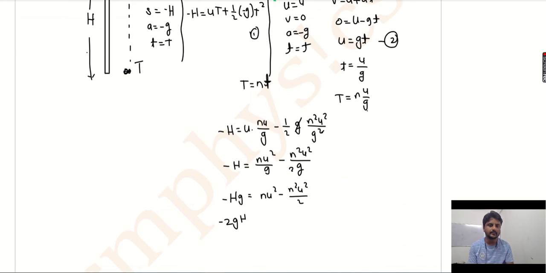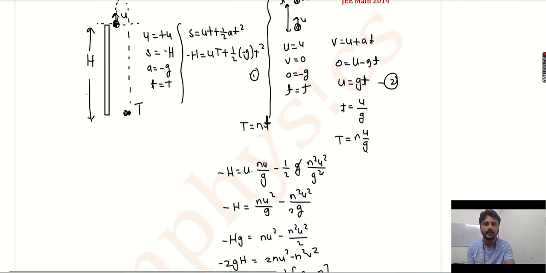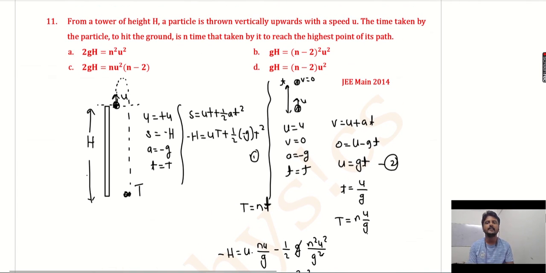Minus 2gh is equal to 2nu square minus n square u square. Take n u square common, so this will be 2 minus n. So 2gh is equal to nu square into n minus 2, means option C is the matching one, right?